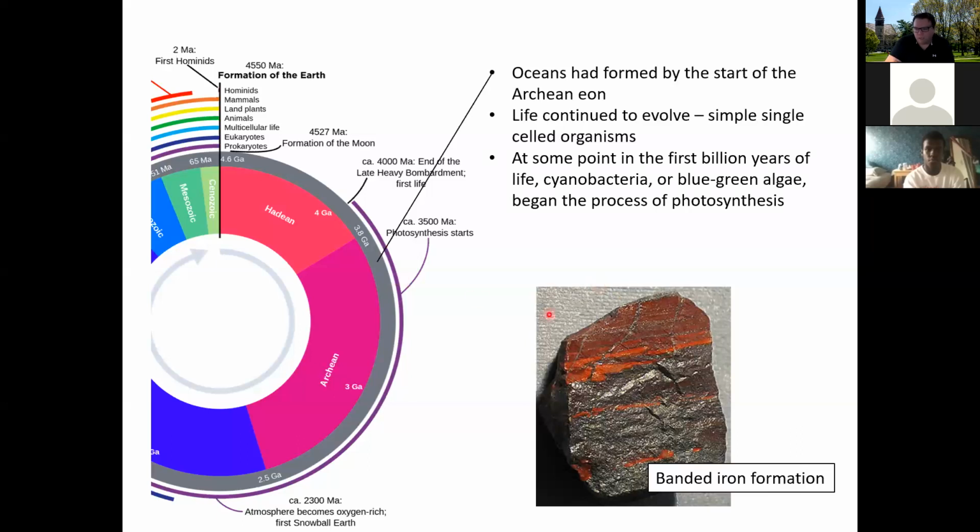And the reason we expect that photosynthesis occurs at least by 3.5 billion years, somewhere around there, is evidence in something called the banded iron formations. These are present all around the world. There are many examples of this in quarries in, I think, Wisconsin and Michigan.